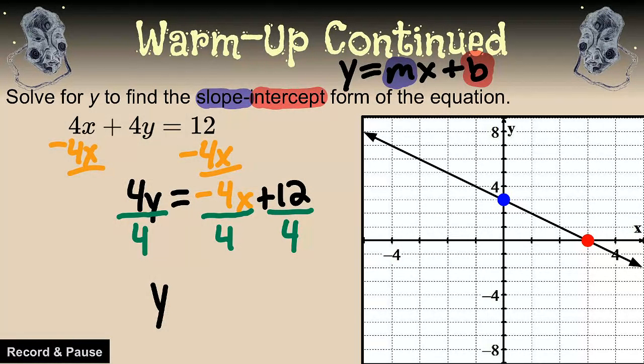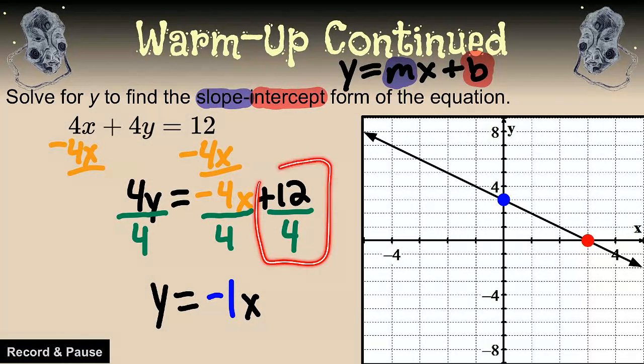So I have y is equal to negative 4x divided by 4 is negative 1x. And then 12 divided by 4 is 3.